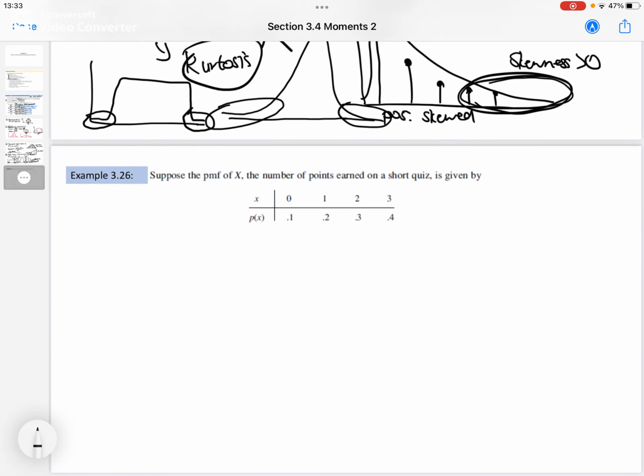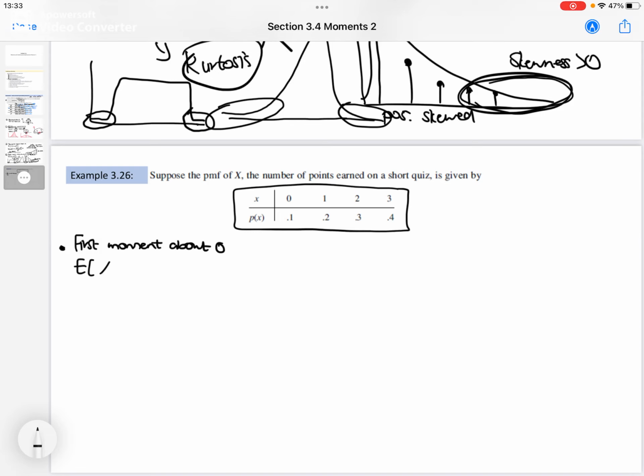All right, then let us look at example 3.26, which says, suppose that the PMF of random variable x, which denotes the number of points earned on a short quiz, is given by this table here. So we see that random variable x has possible values 0, 1, 2, and 3. Now let us define the first moment about 0. So what am I asking you to calculate here?